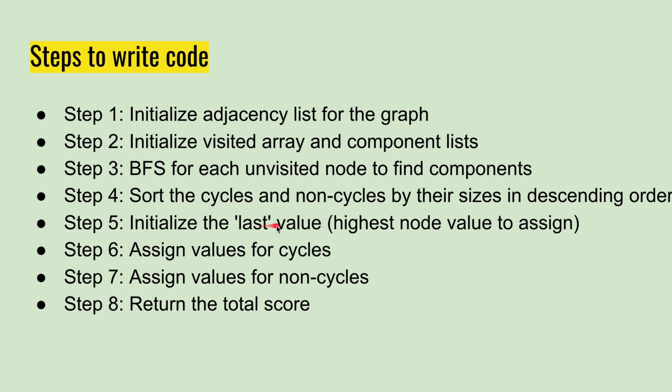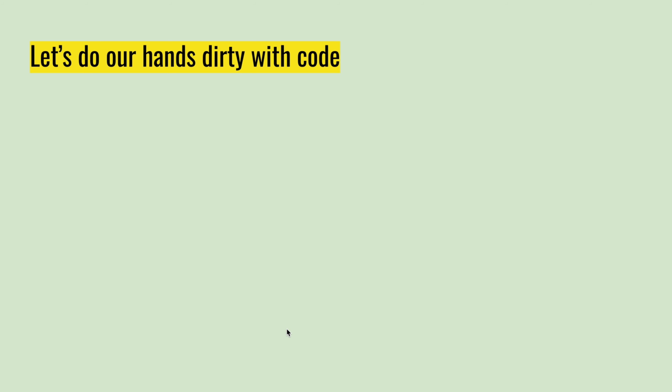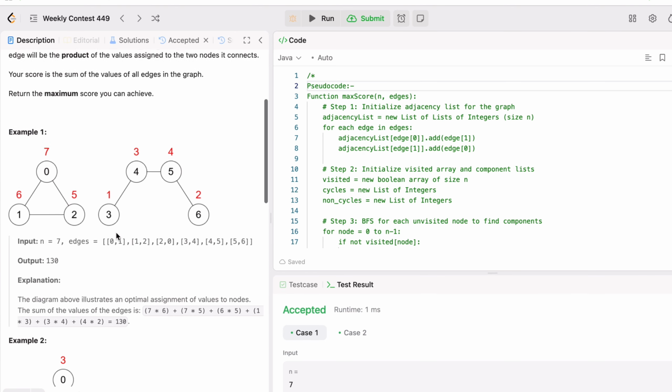Then we'll initialize the last value, that is the highest node value to assign. Then we will assign values for cycle, then non-cycle, and finally return the total score. You know what we need to do after that, right? So let's get our hands dirty with the code and go to LeetCode. See other examples also, right?